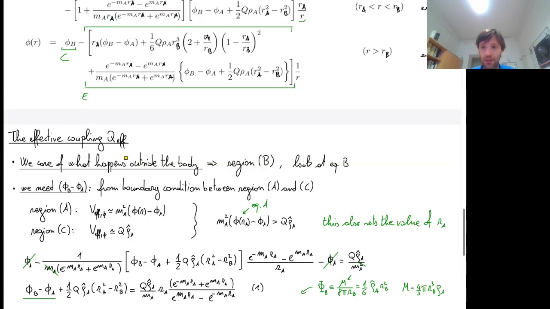So, as I said, we focus on region B, which means we are going to consider this equation, and to have it in an explicit form, we need to derive this difference. This can be easily found because we can look at the value of the derivative of the potential between region A and region C when they touch each other.